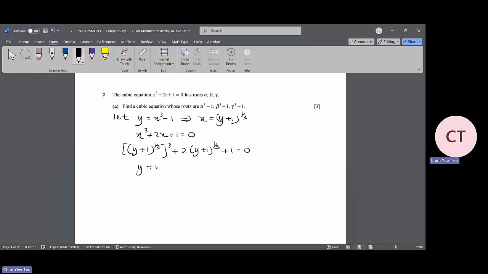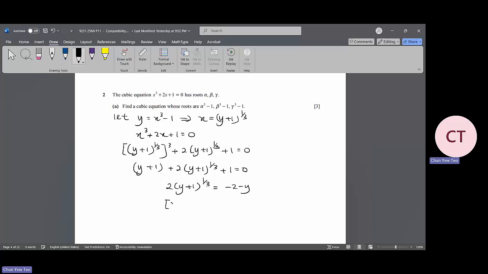So if you expand them, simplify first before you expand them. Then you will get 2 times the cube root of (y plus 1) equals negative 2 minus y. So in order to make it a positive integer power, we will cube both sides.